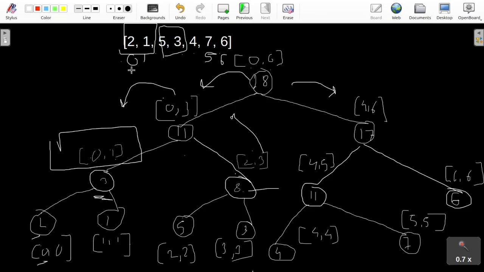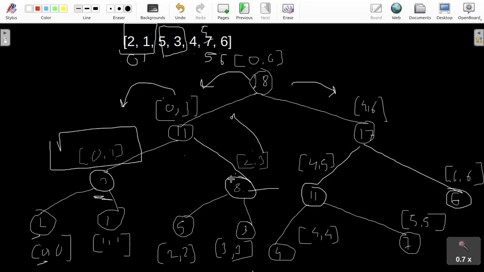Now, let's say I ask you to update the element at fifth index, change the 7 to, let's say, 4. Okay, change the 7 to 4. Now you may have in your mind that we have to construct this complete data structure again from scratch.